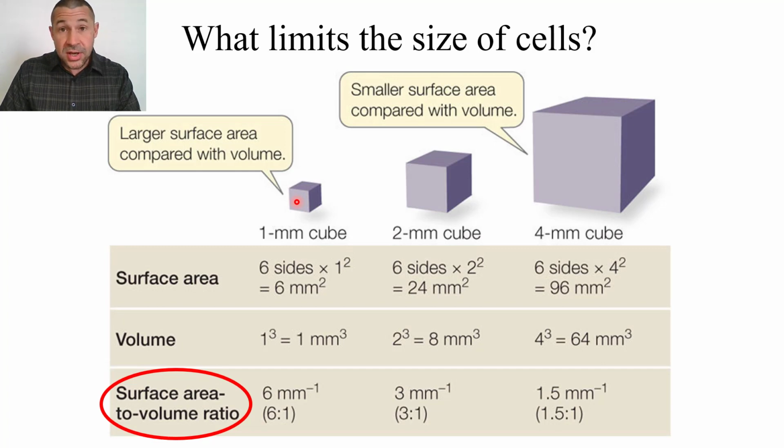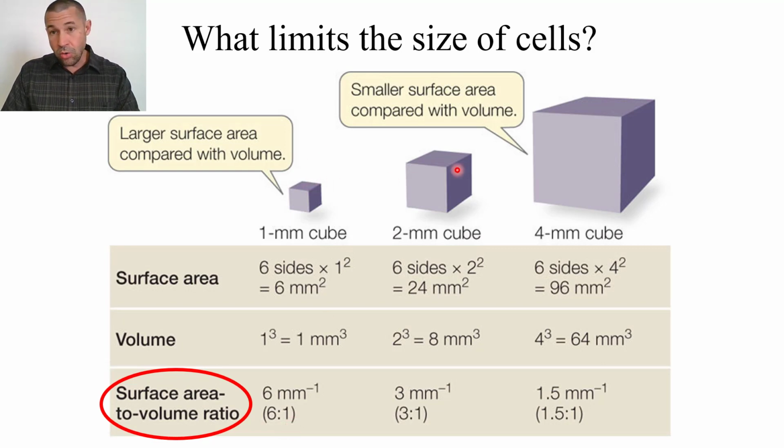There, of course, are 6 surfaces on a cube, so the total surface area for this smaller cube on the left is 6 millimeters squared. The volume is base times height times depth, 1 times 1 times 1, 1 millimeter cubed. So what that means is we have a 6-part surface area to 1-part volume ratio.